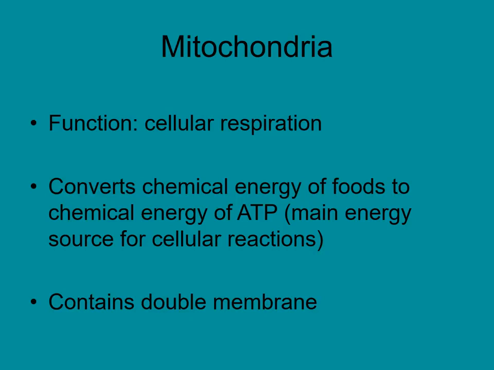The mitochondria, this is your powerhouse for the cell. This is where cellular respiration occurs, which is the process of producing ATP, which is energy. It's a way of converting chemical energy from your food that you took in into chemical energy of ATP. It does contain a double membrane.